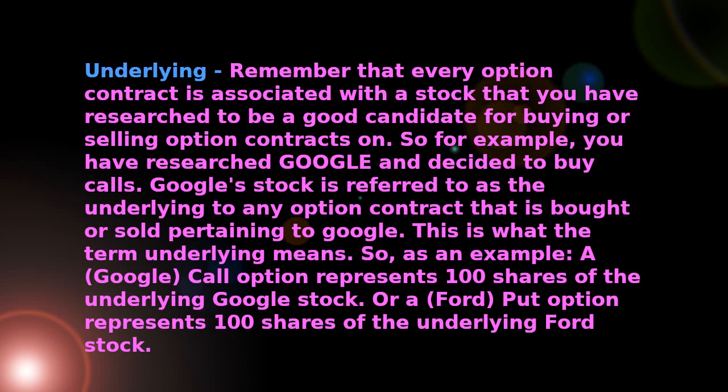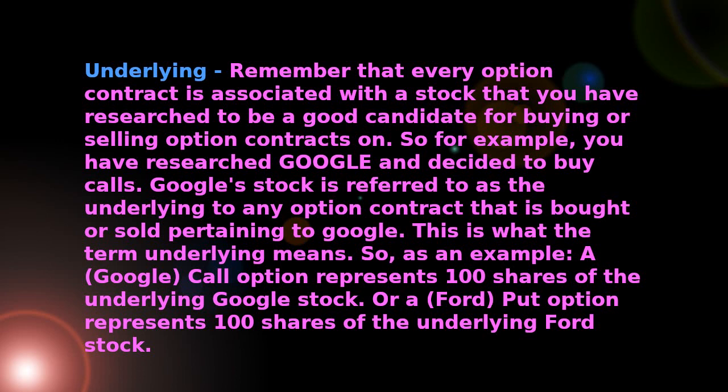Underlying. Remember that every option contract is associated with a stock that you have researched to be a good candidate for buying or selling option contracts on. So, for example, you have researched Google and decided to buy calls.